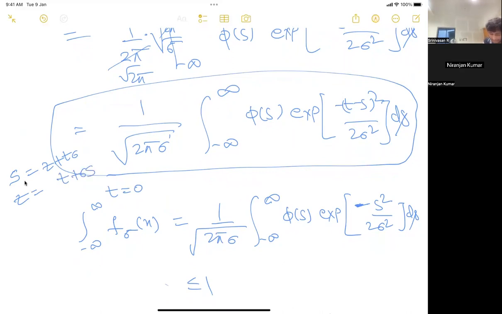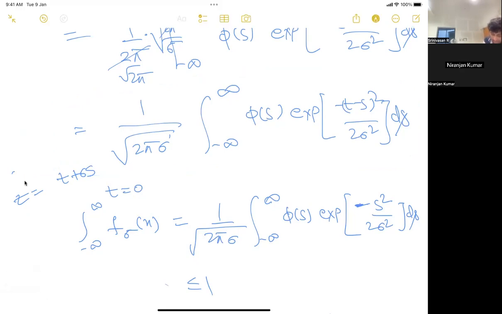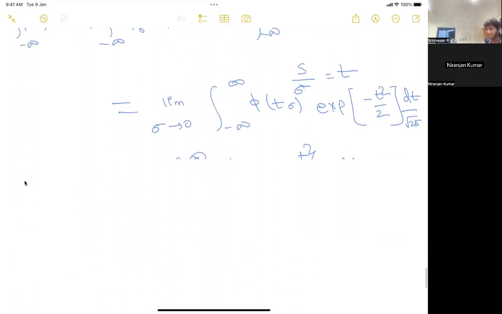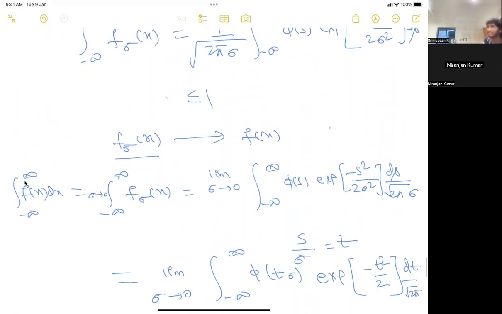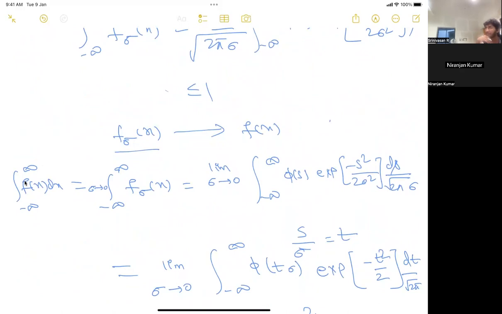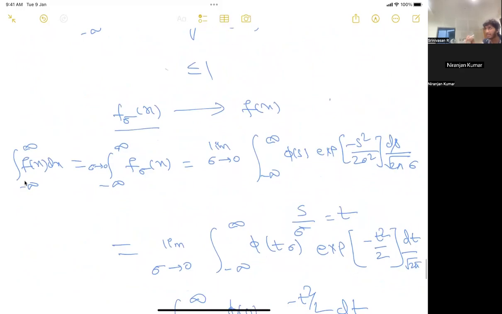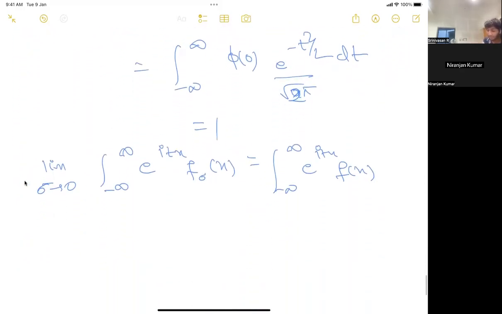Let me just erase this. So what that will give you is the quantity f of t plus sigma x here. This will become some exponential, and with the same logic, like we just had t in this case, what we just calculated here, in that case we won't have t equal to 0, but we just shift it so that t will go away.